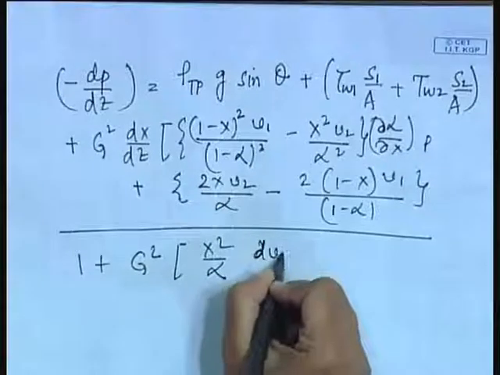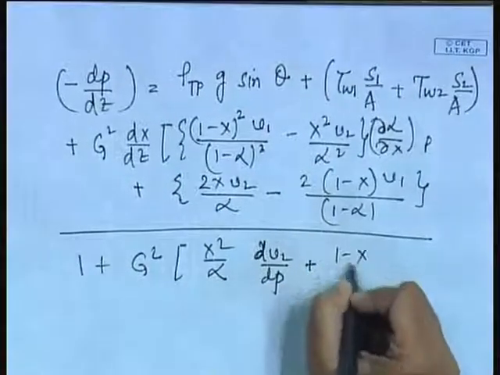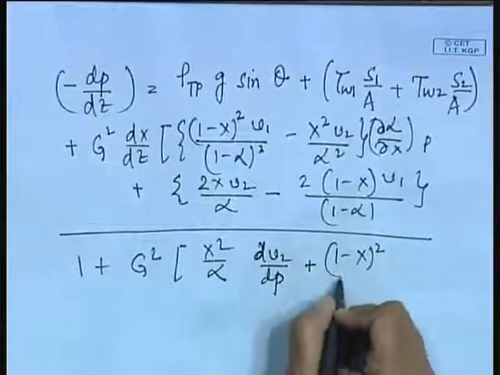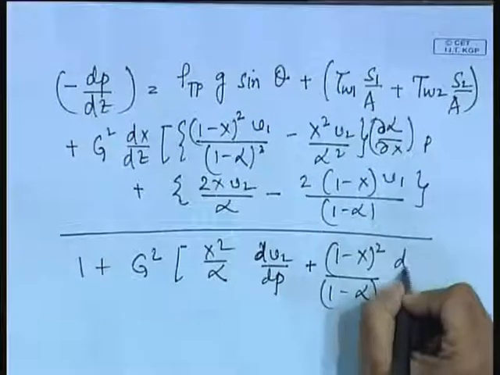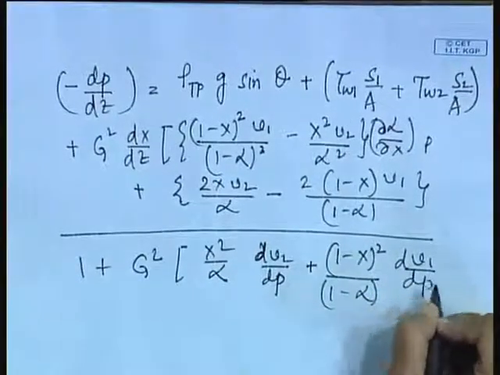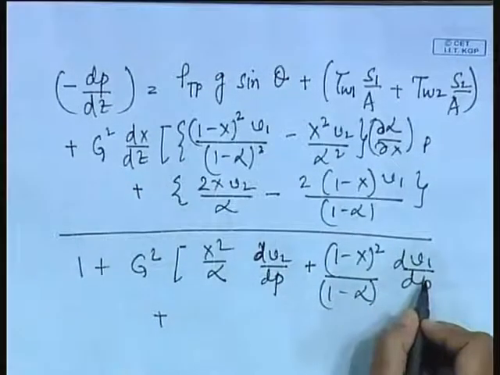And if you remember, in the homogeneous flow model as well, we had this dv2 dp and dv1 dp term. In addition, these two terms we already had in the homogeneous flow model, isn't it?